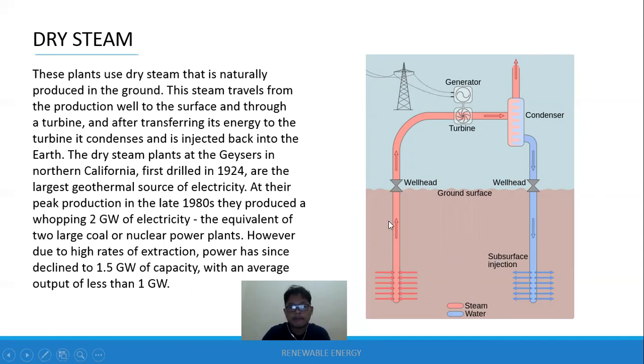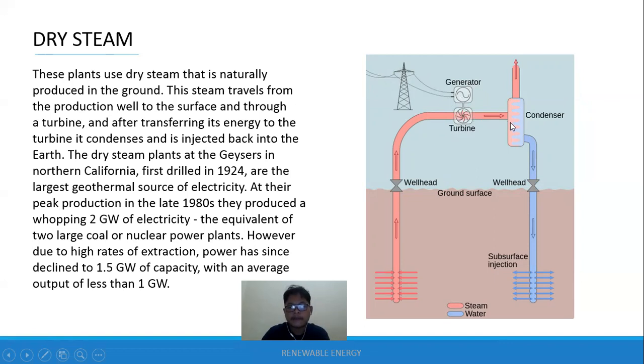Or we can see in this picture, the pink color is steam and the blue color is water. So we can see in the arrows of this picture, the steam will flow through the wellhead and flow through the turbine, and the turbine will rotate, and the generator will produce electricity and transmit it to the customer.